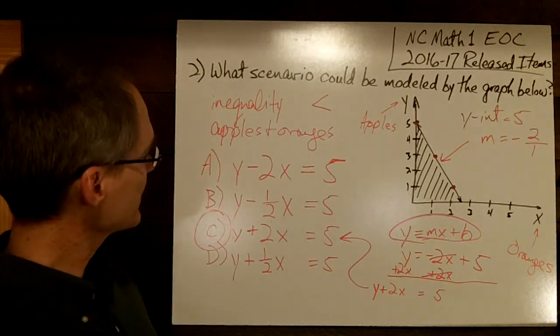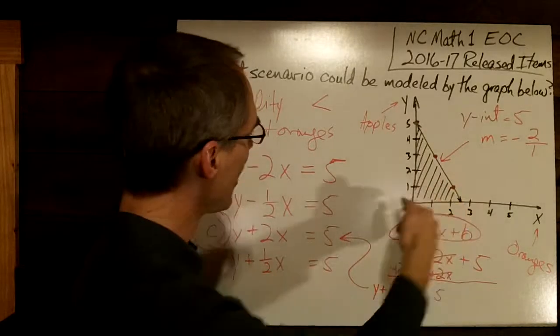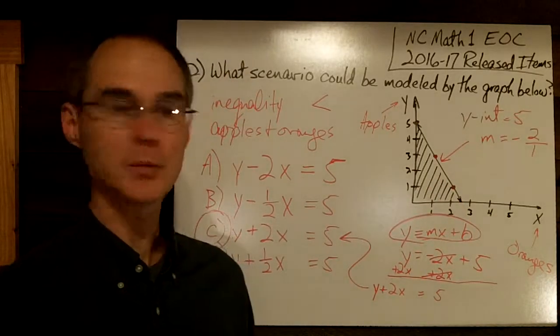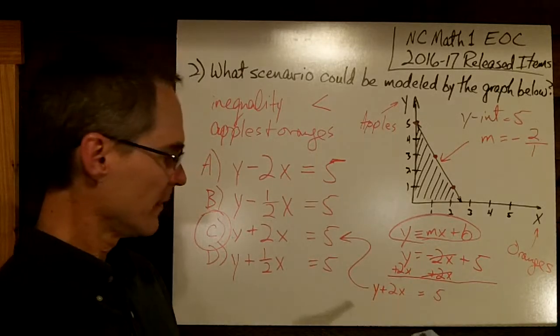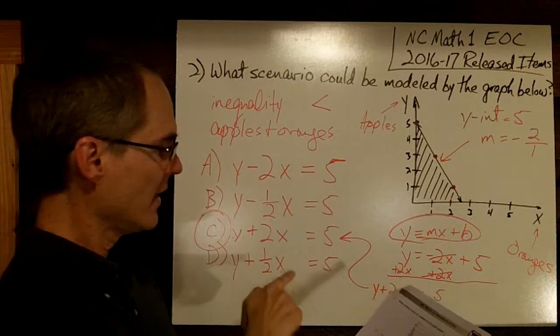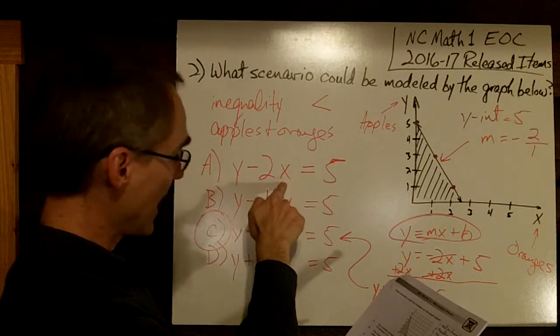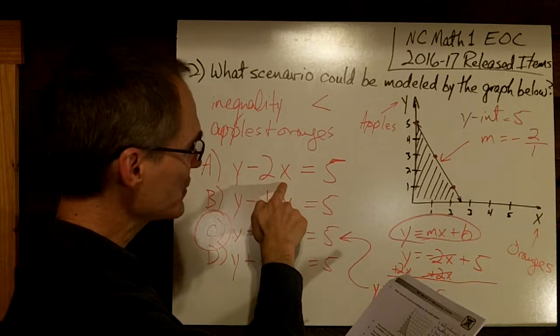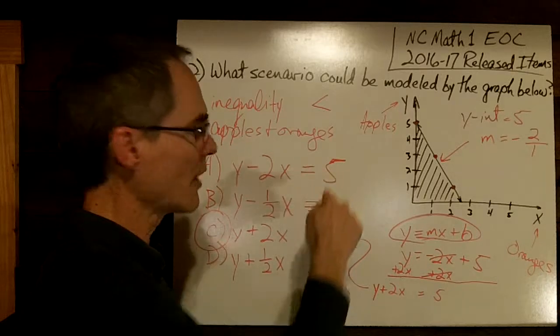Another thing, notice that we didn't actually need to use our knowledge of inequalities in order to solve the problem. I could have, if I wanted to be strictly correct, the number of pounds of apples, for example, for answer choice A, the number of pounds of apples, y, minus 2 times x, is at most 5. That should technically have been a less than symbol right here.